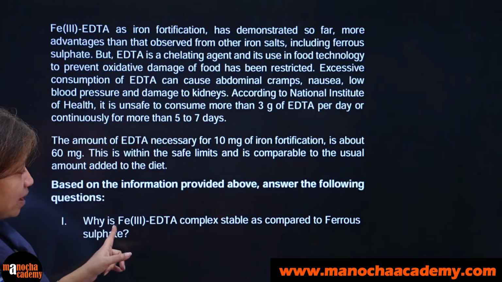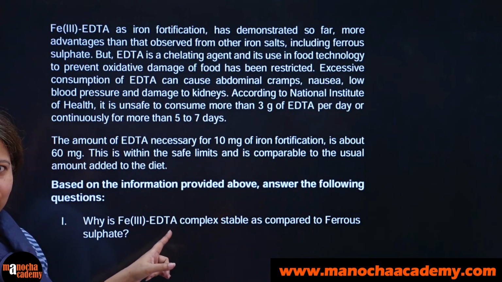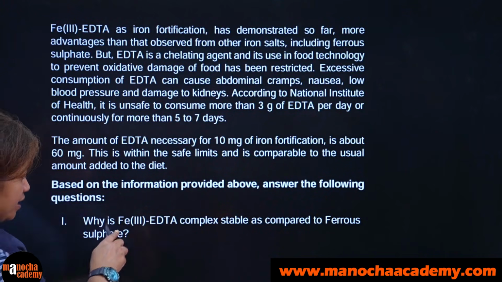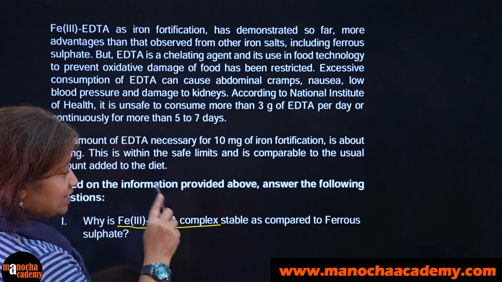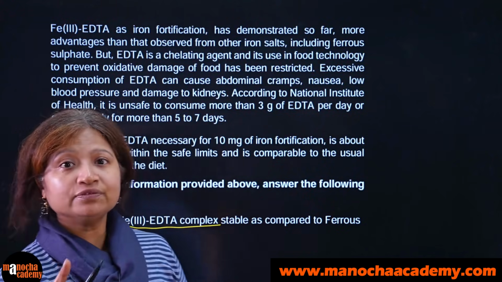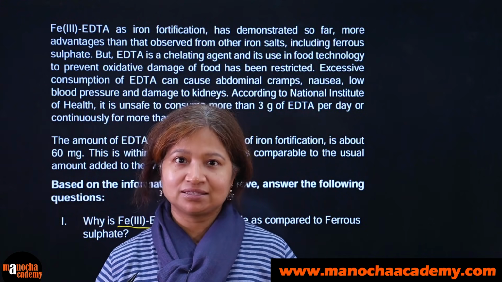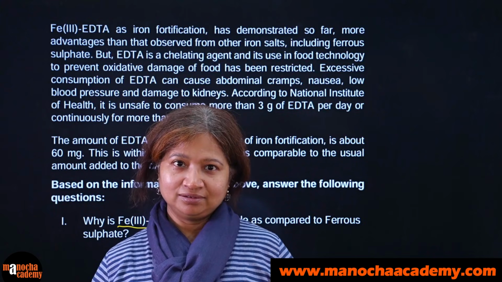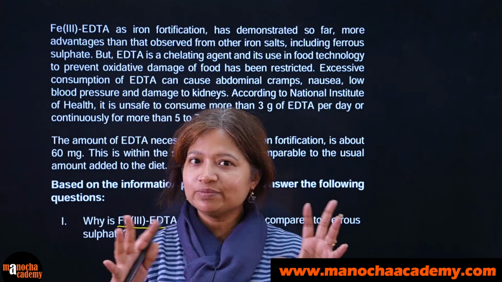Now, this part of the question is not taken from the paragraph. We have to use our own concept. See, why is the Fe3 EDTA complex stable as compared to ferrous sulfate? Here the concept we know is that a chelating complex is more stable than a non-chelating one. So that will be our answer. Chelating complex means cyclic thing.